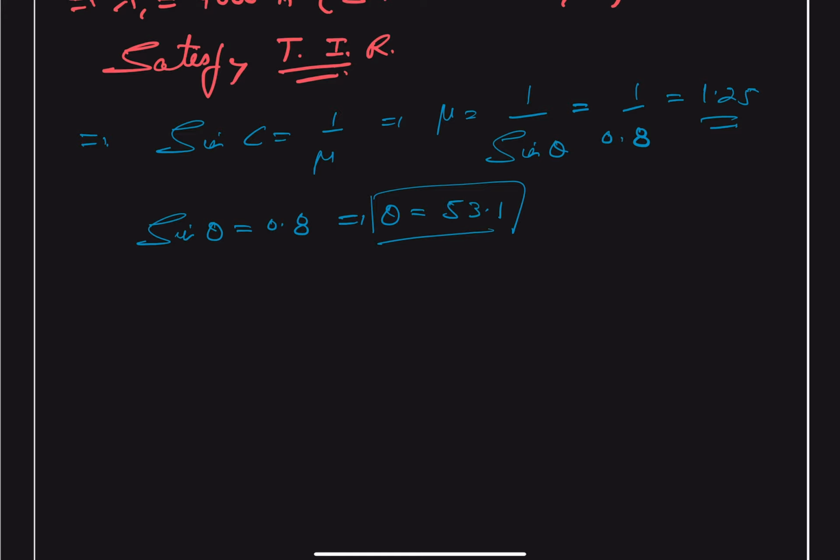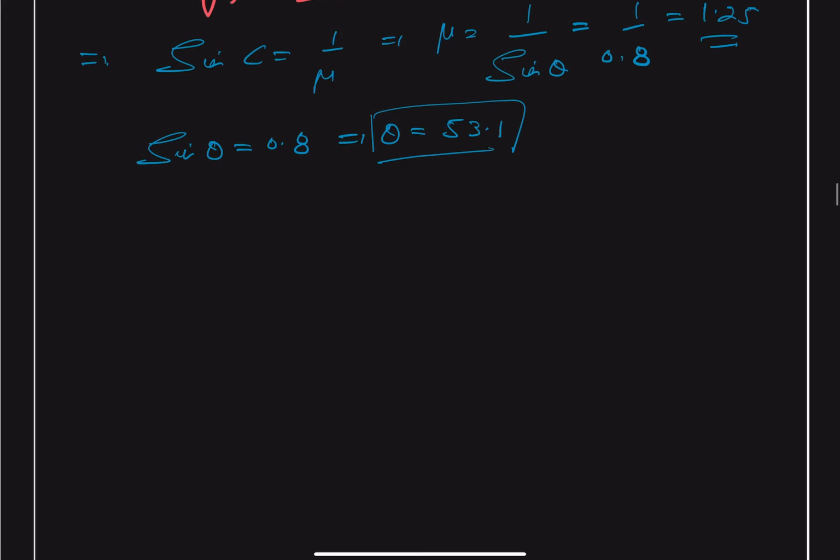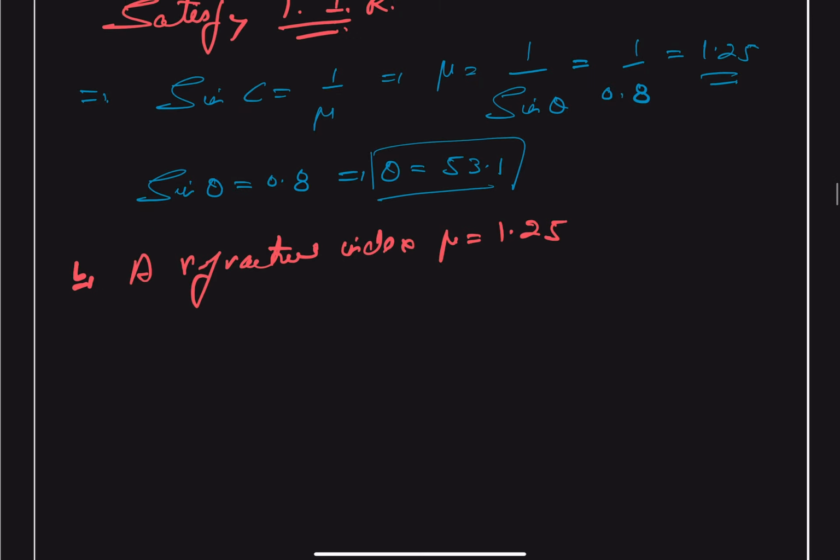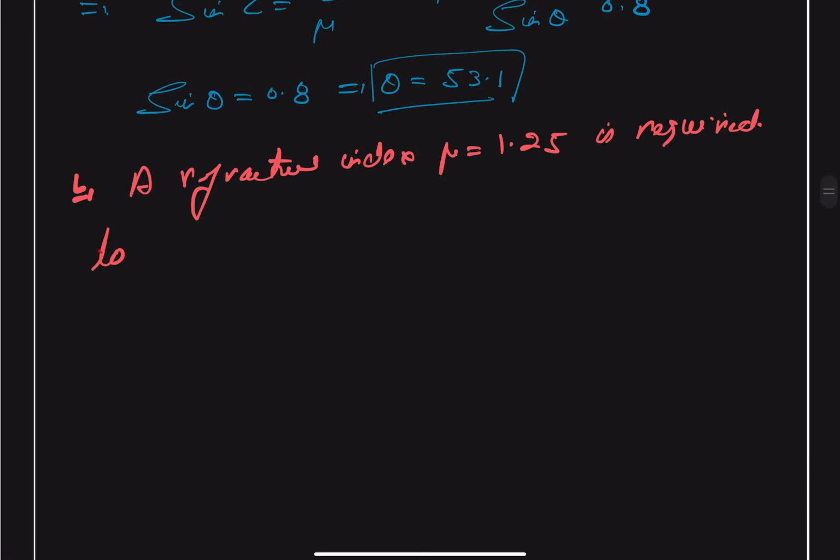So we can say that a refractive index, that is mu, which is 1.25, is required to just achieve total internal reflection at 53.1.